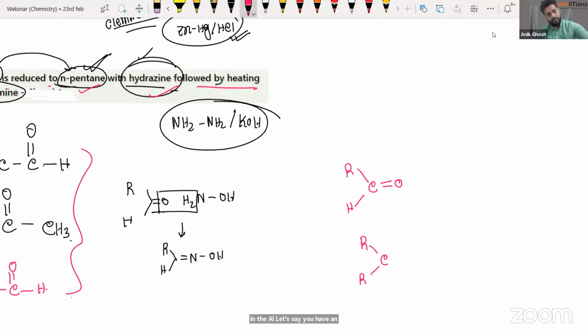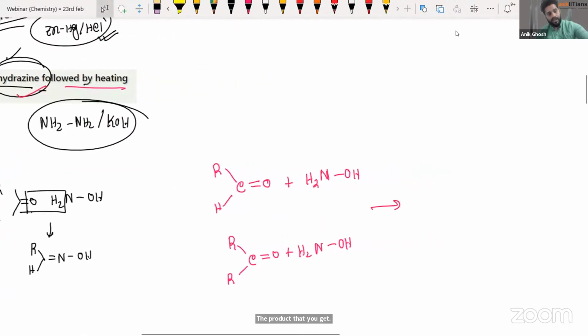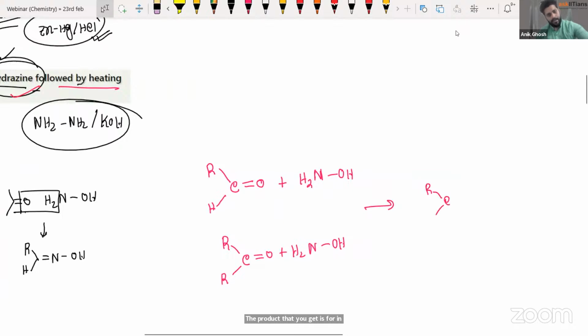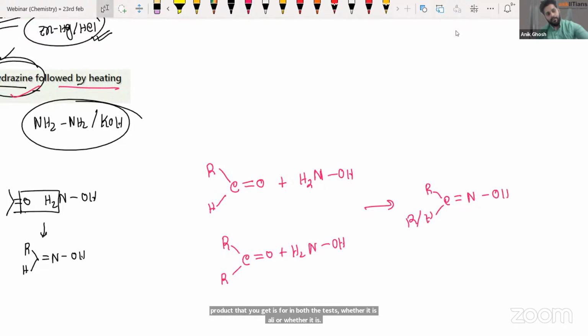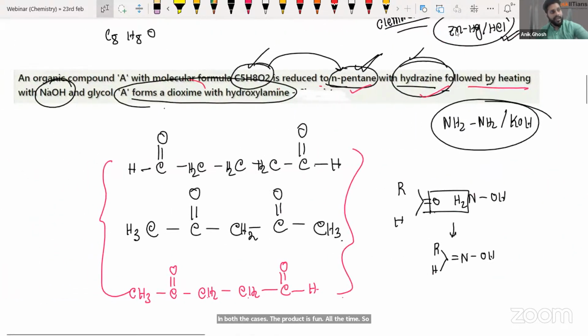In both cases, when you react it with hydroxylamine, the product that you get is called oxime. So as they said that you are getting dioxime, that means there are two aldehydes or two ketones, which we already figured out. But still, this particular fact is emphasizing. That's all I'm trying to say here.